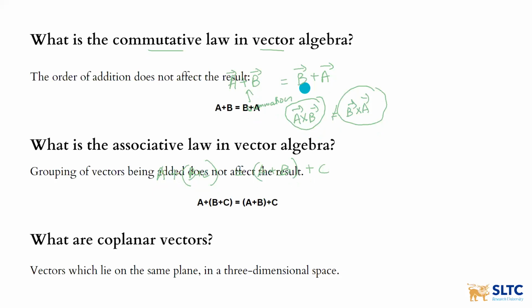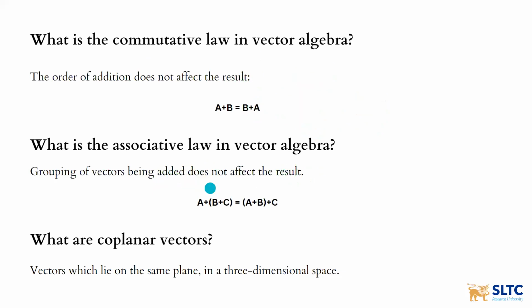So A plus B grouped with C is equal to A plus B grouped plus C. The resultant will not change based on the grouping of the vectors.